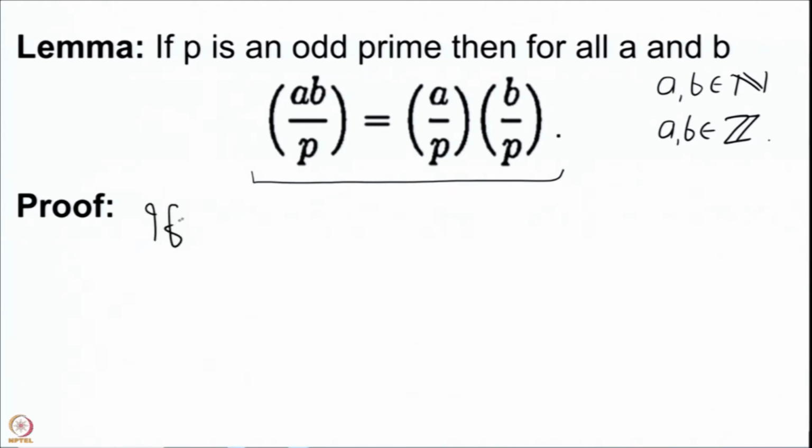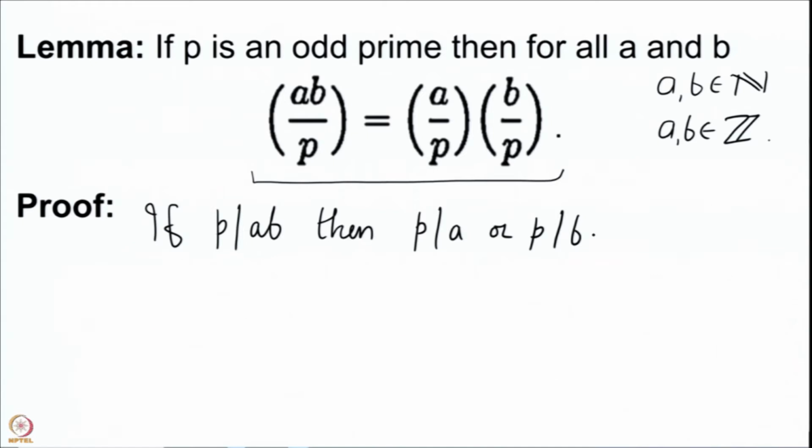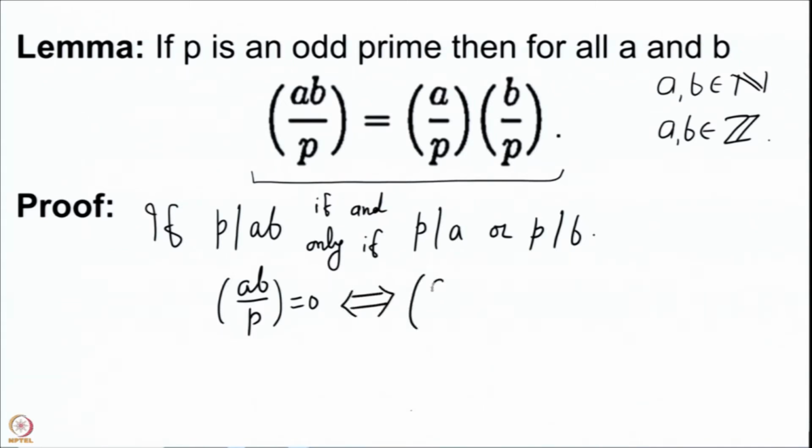First possibility: if P divides AB, then P divides A or P divides B. This is one statement that we know quite well by now, and this happens if and only if P divides A or P divides B. So, we will get that (AB/P) is 0 if and only if (A/P) is 0 or (B/P) is 0.